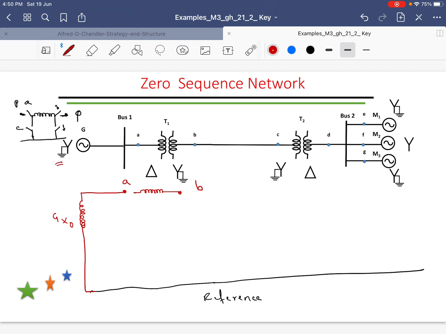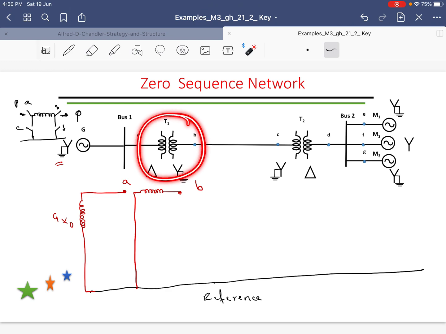And in the primary side, it is delta connected, this switch is closed, therefore you have to draw this network. That is a representation of the delta star grounded transformer.